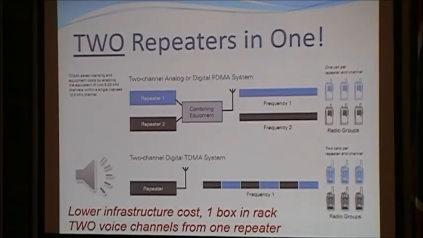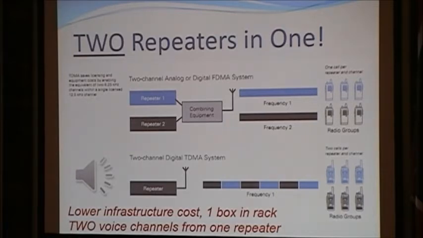So we have 2 repeaters in one, basically. We're not going to worry too much about the top portion here. What I really want to focus on is this bottom down here. The dark blue represents slot 1. The light blue represents slot 2. Now bear in mind that you're on the same frequency.